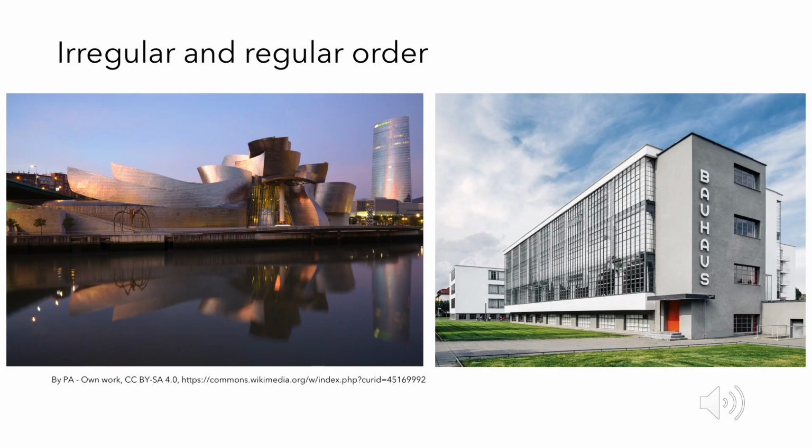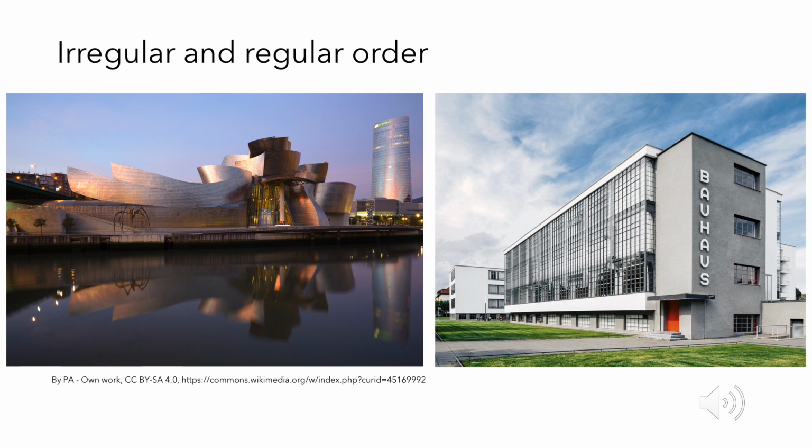So in the block, you will also encounter the notion of irregular or regular order. On the right-hand side, you can see the Bauhaus, which is a very regular shaped building. It's built on the repetition of patterns, the repeating of the same shape of a window frame, the repeating of the placement of the windows in the building, and also within the typeface, which is almost symmetrical, apart from the letters, which are not symmetrical to start with.